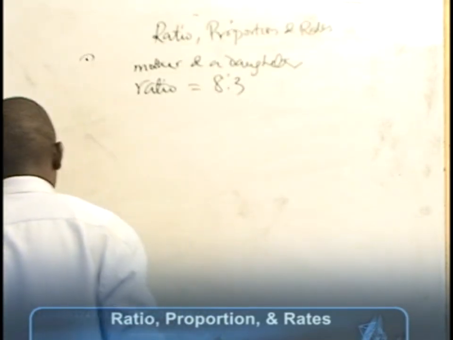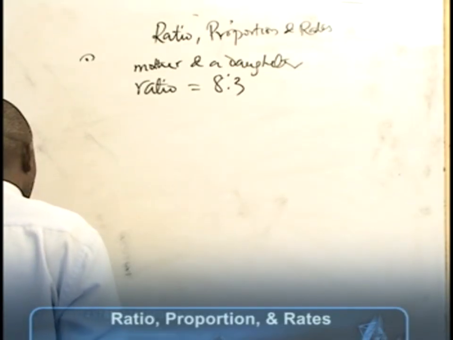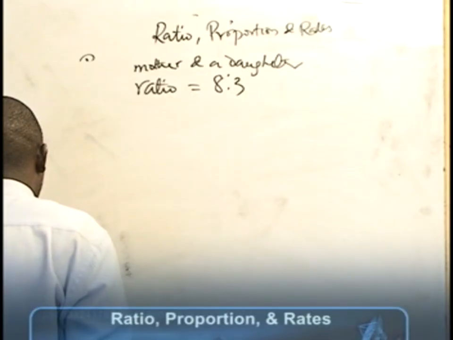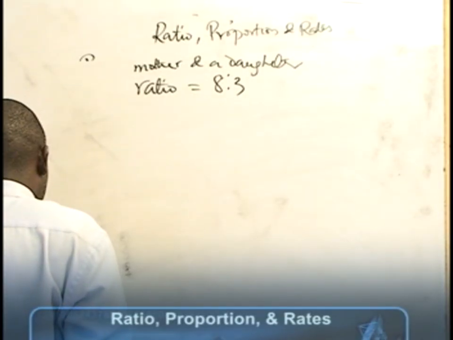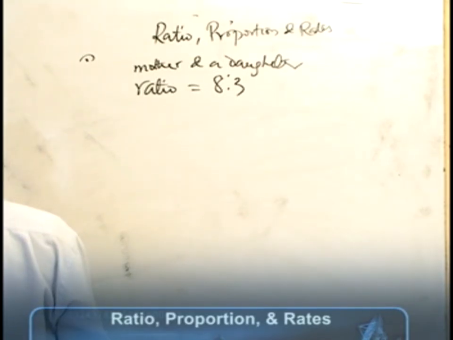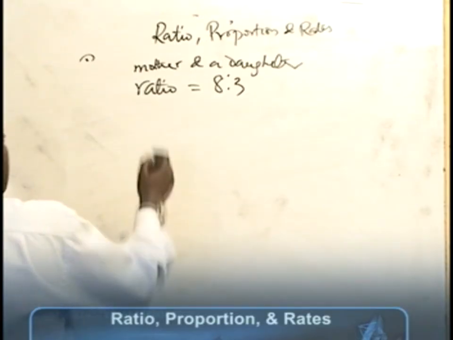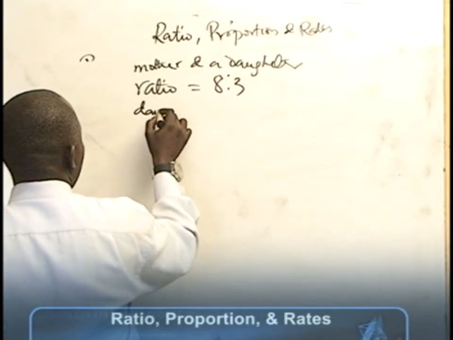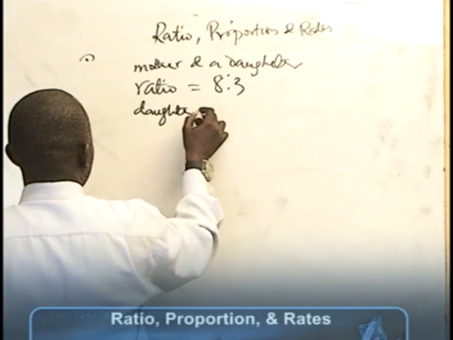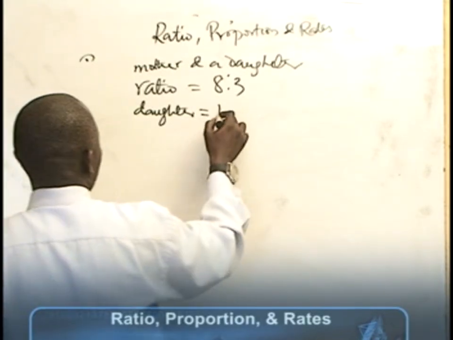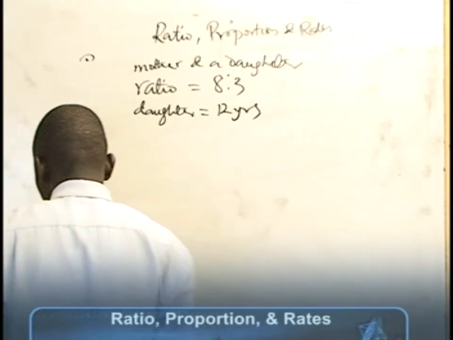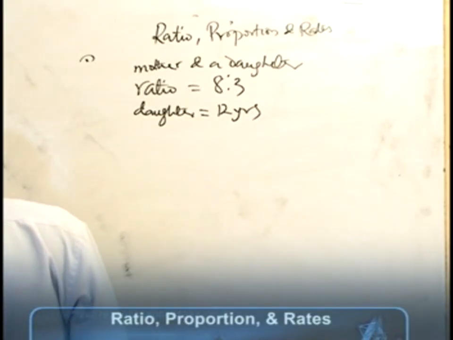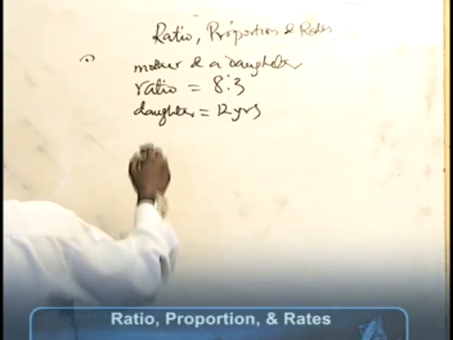The ratio of the age of the mother to that of the daughter is 8 to 3. If the daughter's age now is 12 years old, what will be the ratio of their ages in 4 years' time?